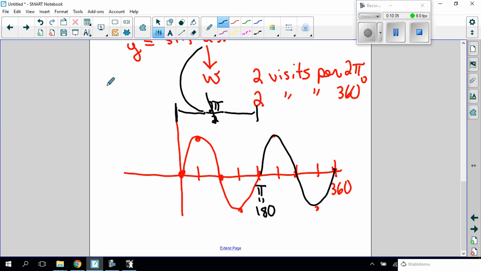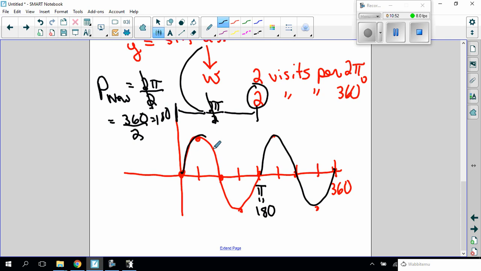So the P new formula is just the period over frequency, therefore pi. It's just the period divided by frequency, which is 180. The 2 says 2 visits: once, twice, for 360 or 2 pi.